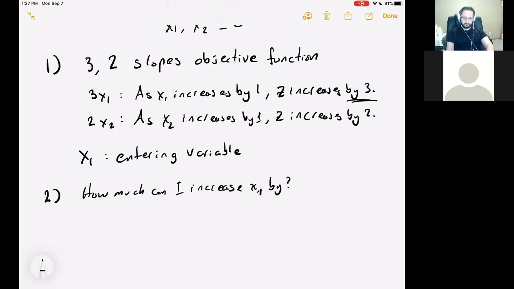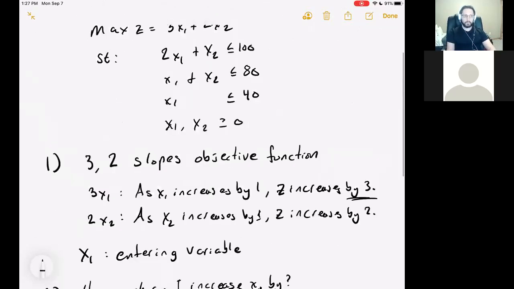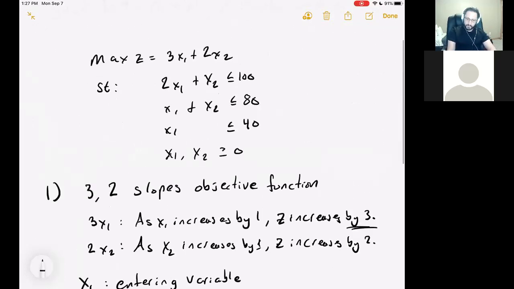In order to do that, I'm going to examine the three constraint equations. Let's pretend for just a second that x2 has no bearing on the situation. What's the most I can make x1 do if I ignore x2? Ignoring x2 gives me these three expressions.